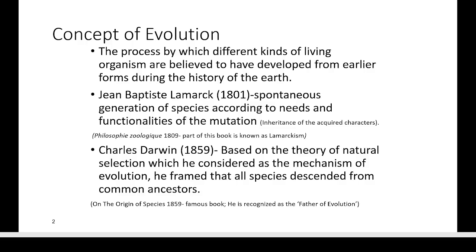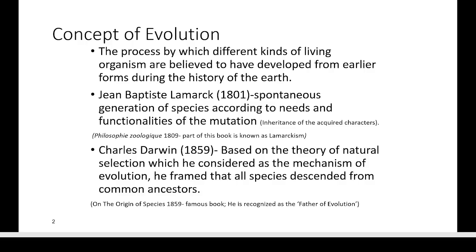So he considered the mechanism of evolution, and he considered that all species descended from a common ancestor. He gave his concept in his book On the Origin of Species, which is the most famous book, and he is also recognized as the father of evolution.